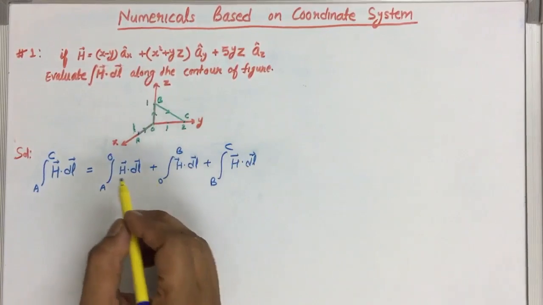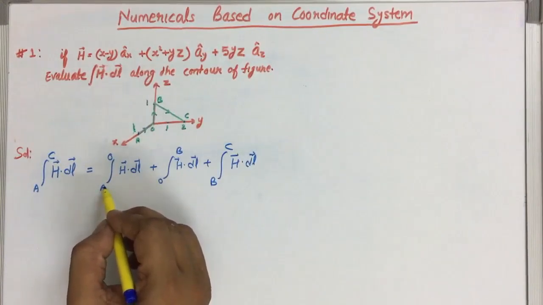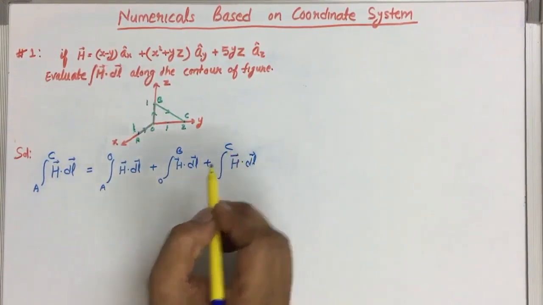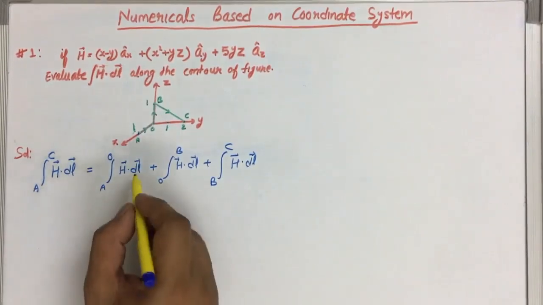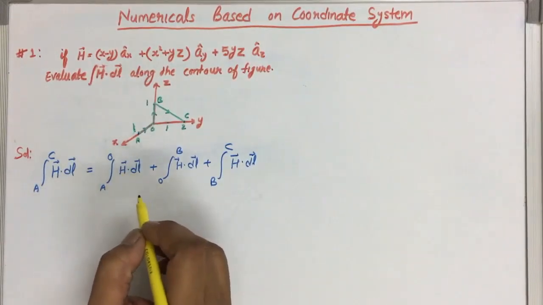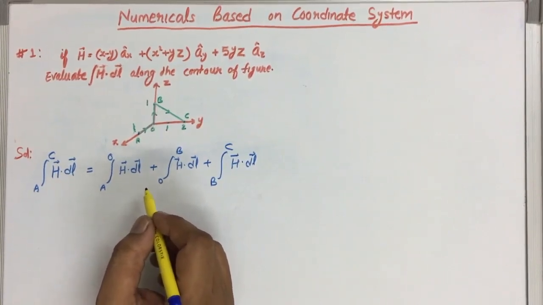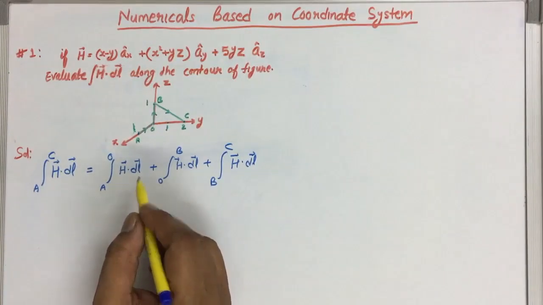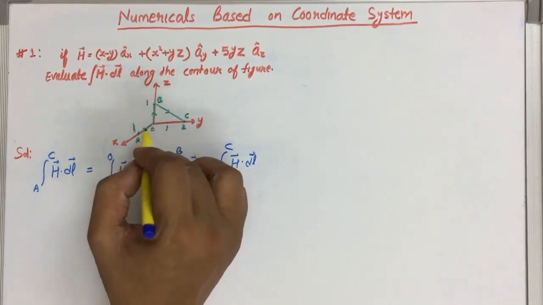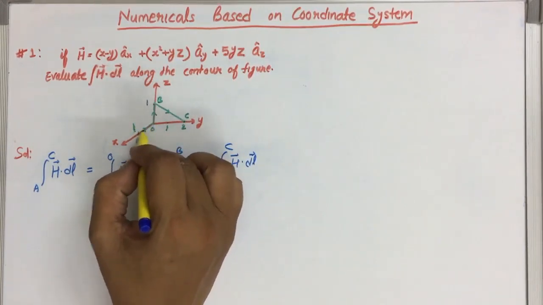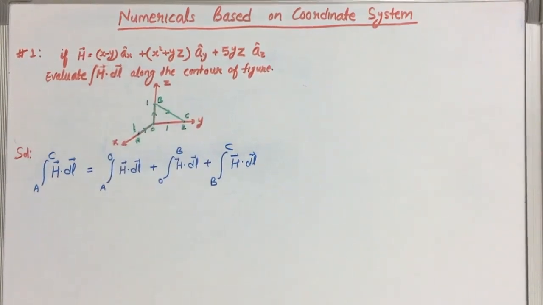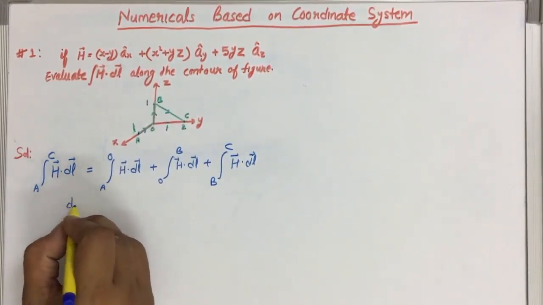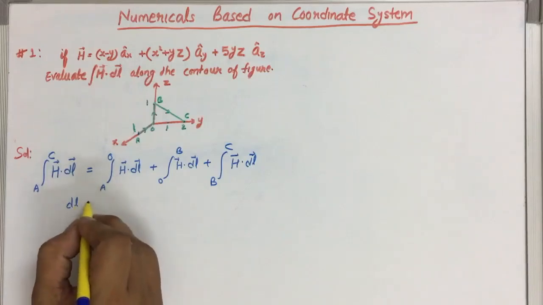In this way we can complete the path from A to C for H dot dl. Only dl is unknown, the remaining things we know. So what is required is to find the differential length in the different cases: from 1 to 0, 0 to 1, and 1 to 2. Okay, so let us start by finding dl for this condition.